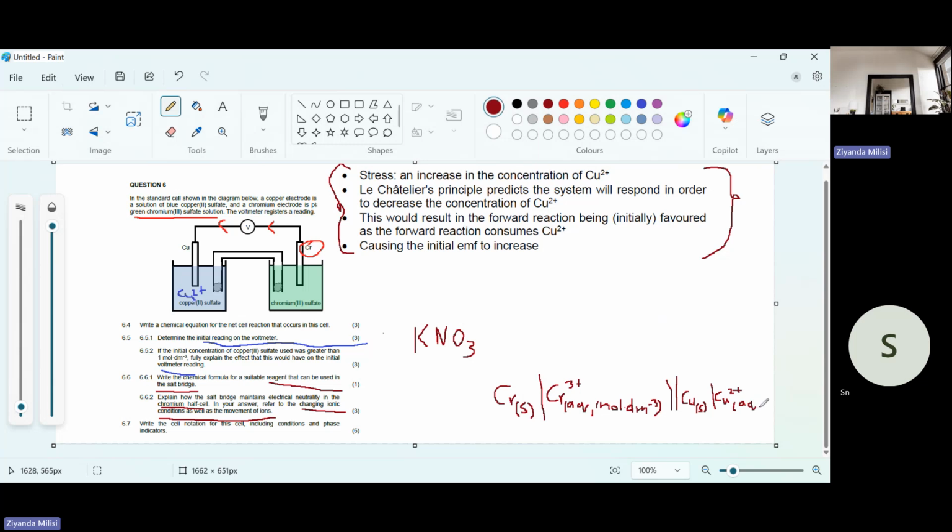You need to write the concentration. What is the concentration? The concentration is 1 mole per dm cube. Yes, immediately after writing them.